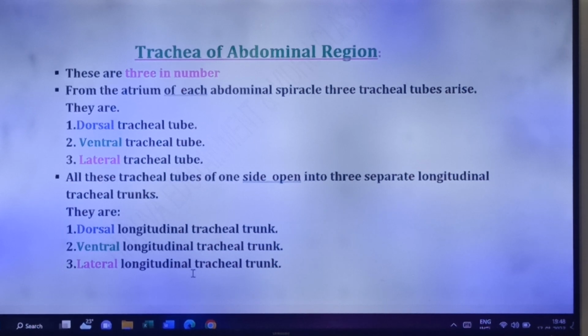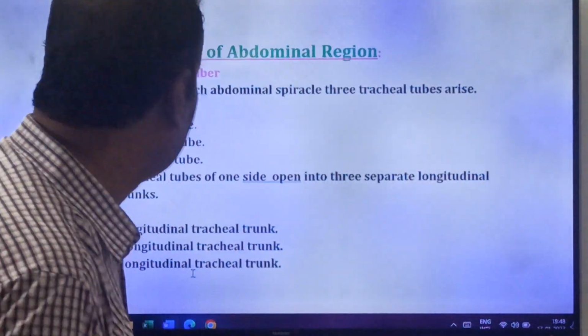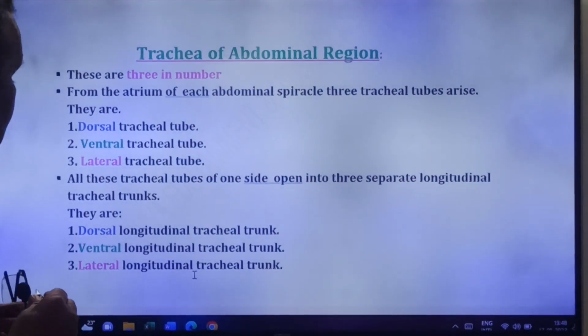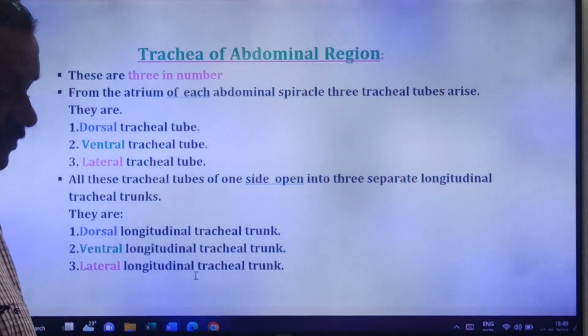See, dorsal tracheal tube of a side, ventral tracheal tube of a side, lateral tracheal tube of a side, that is right or left side, whatever it may be. All these tracheal tubes of one side open into 3 separate longitudinal tracheal trunks.